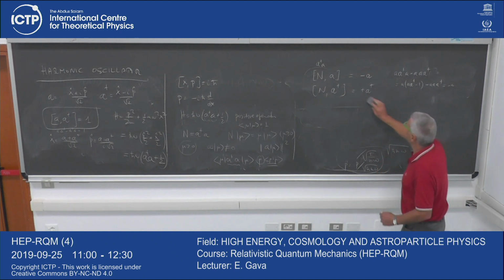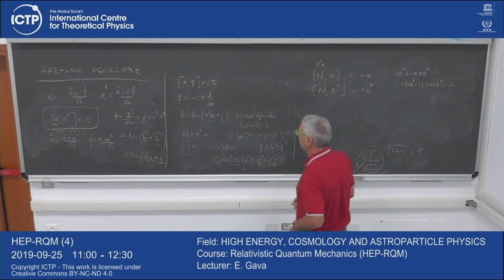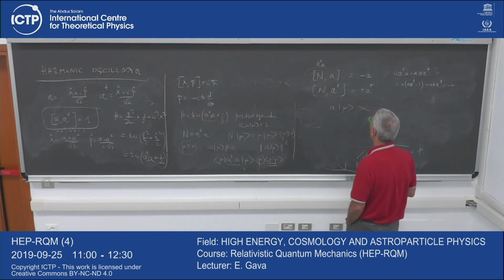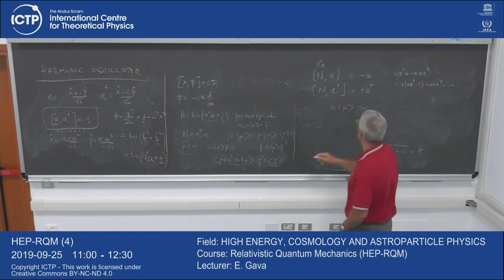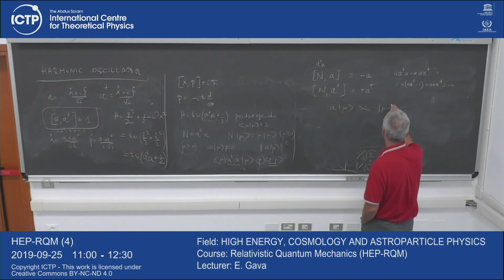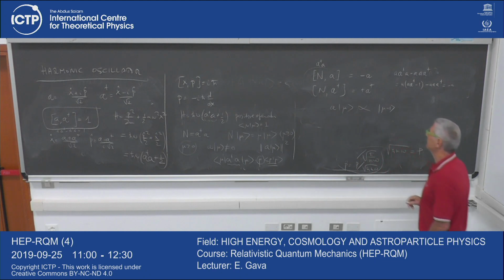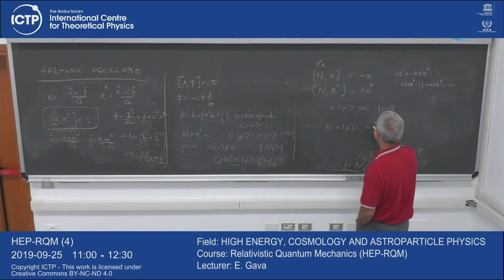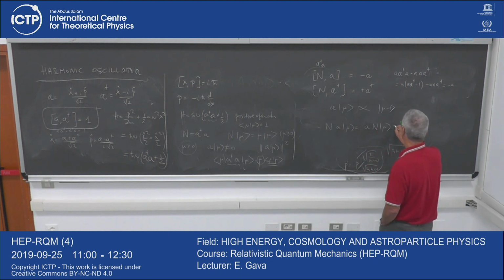Okay, so then what do we learn? We learn that if we apply A on mu, this is an eigenstate of n, capital N, with eigenvalue mu minus 1, right? Because n A on mu is A n mu minus A mu, right?